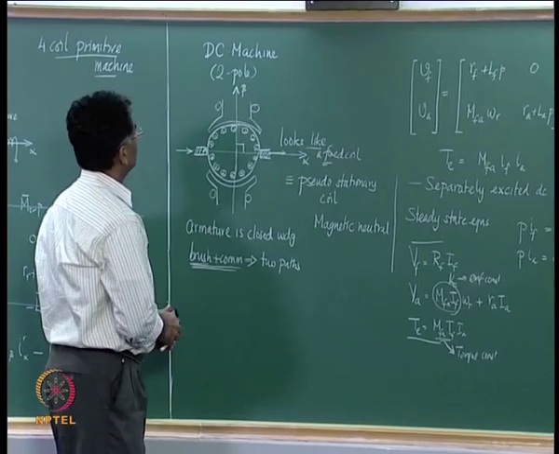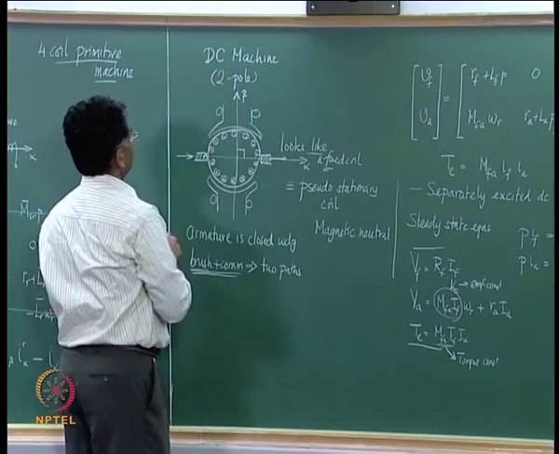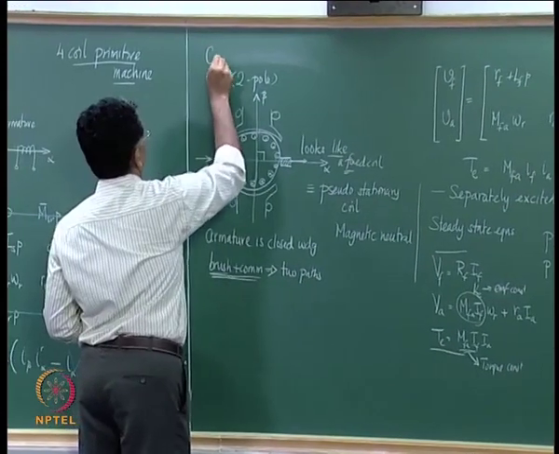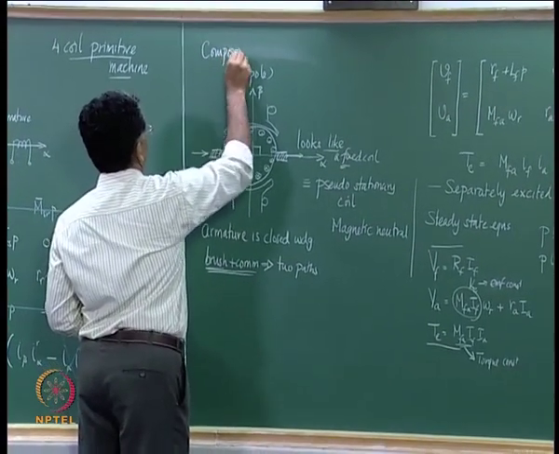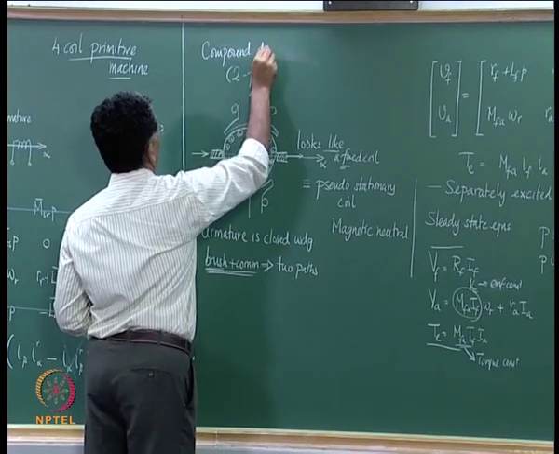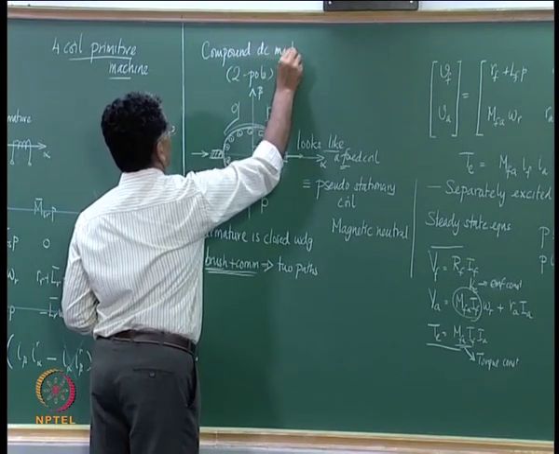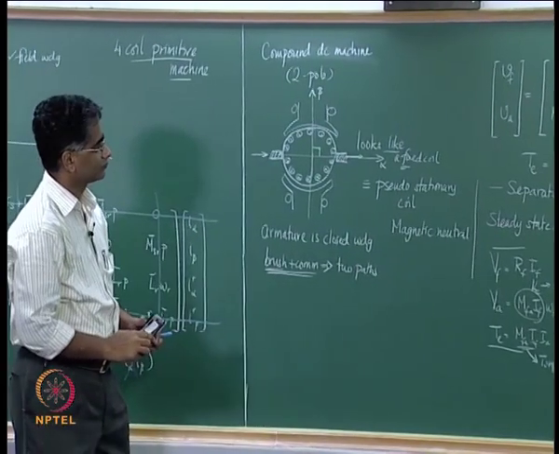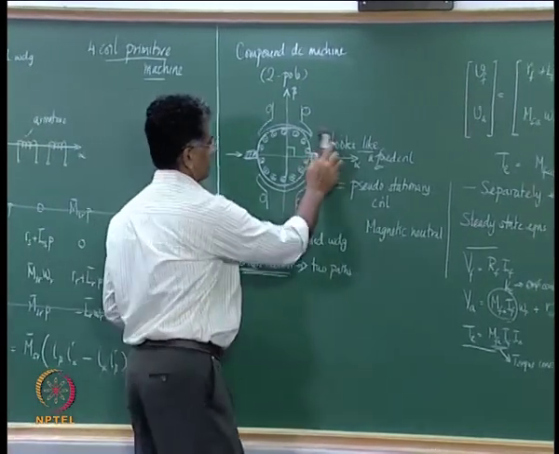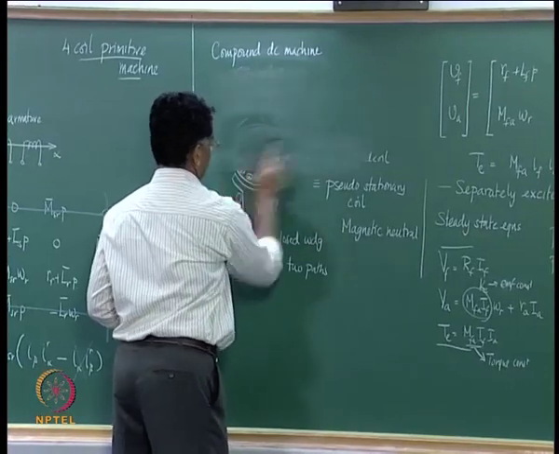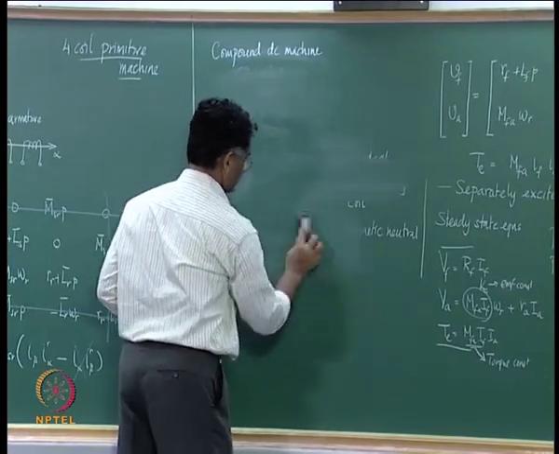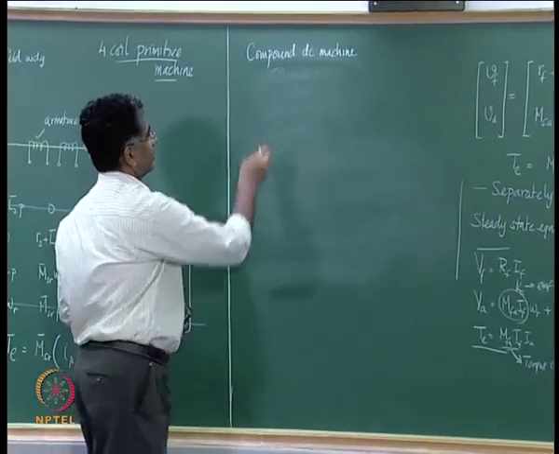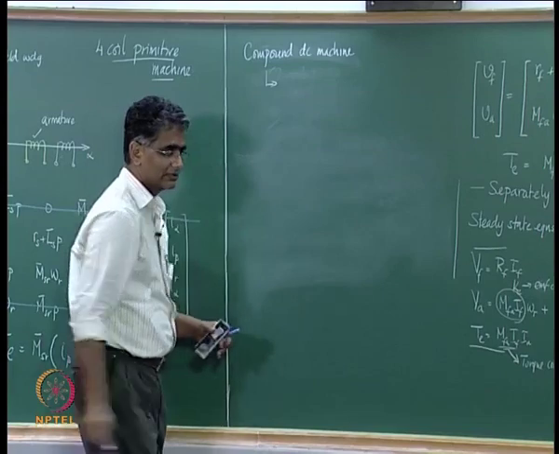If you look at a compound DC machine, in this case this machine has two field windings.